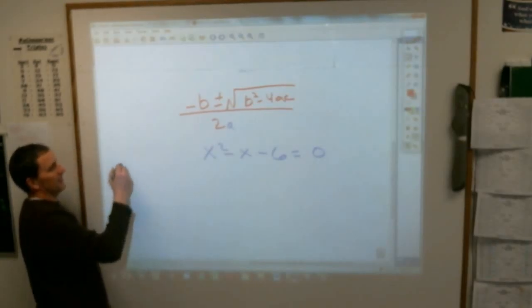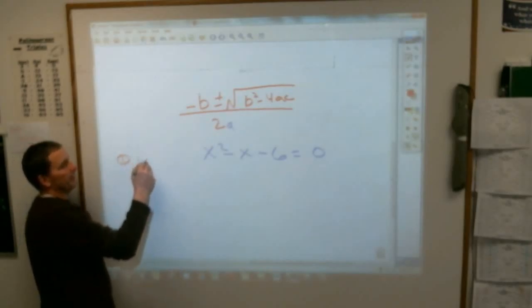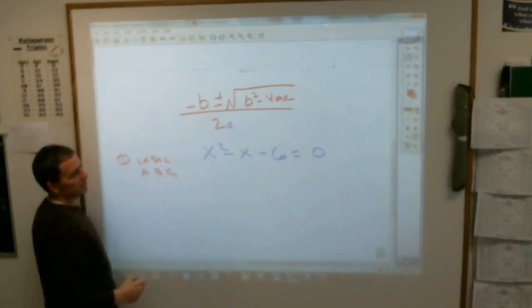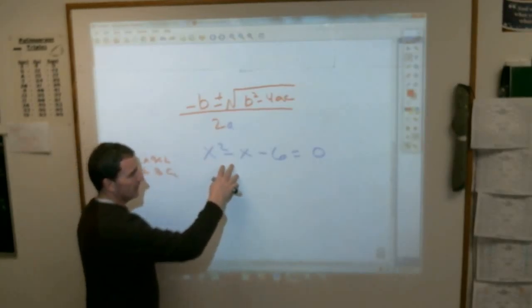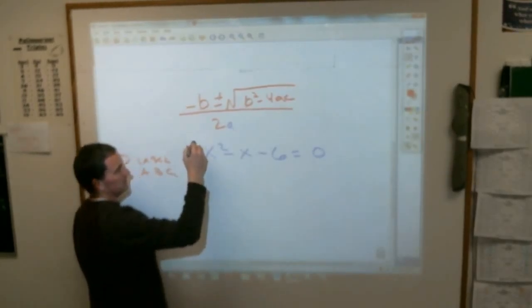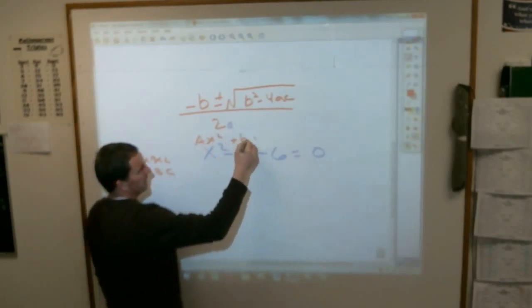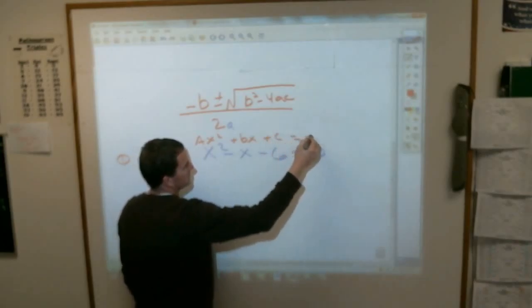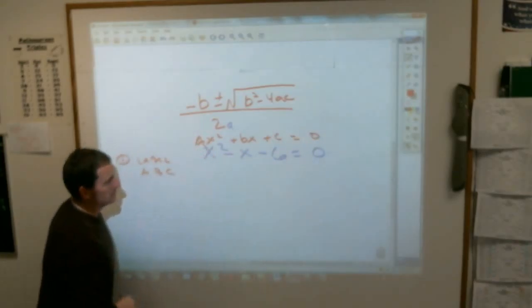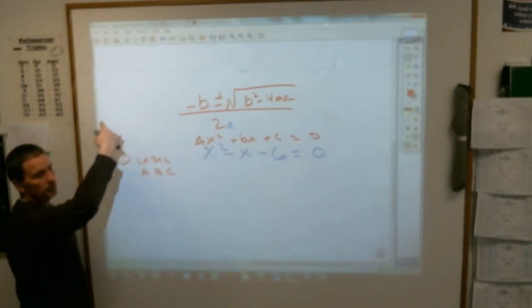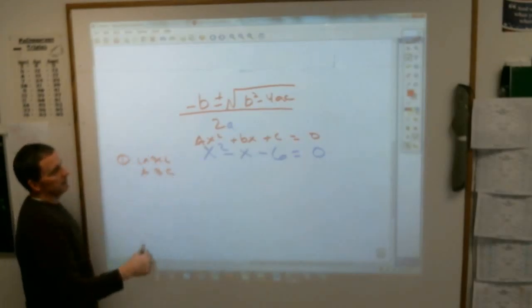Here are your steps. Step number 1, you need to label your a, b, and c, which means in a quadratic equation, we talked about this, it is ax squared plus bx plus c equals 0. Just like when we labeled it when we graphed the parabola, you need to do that.